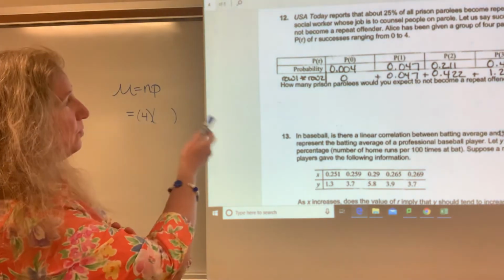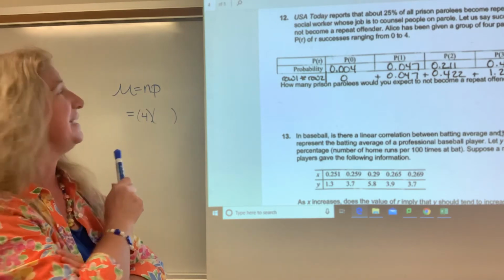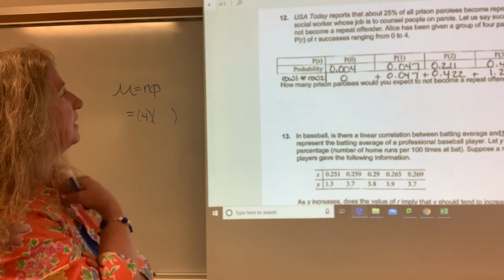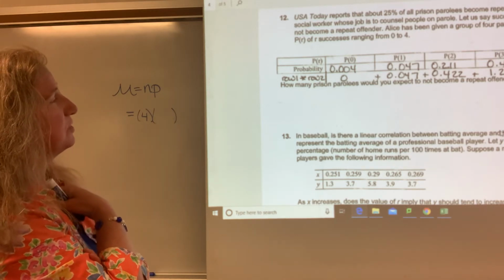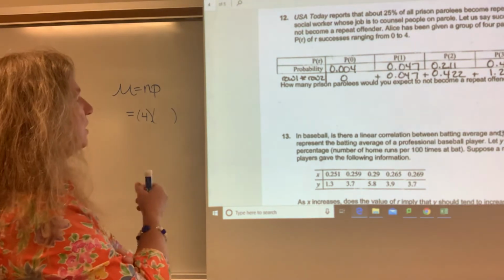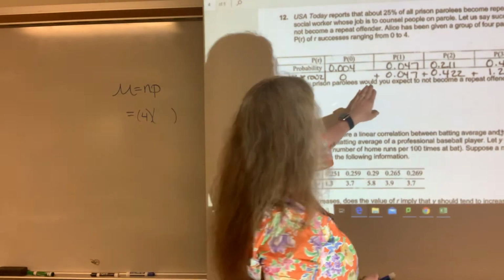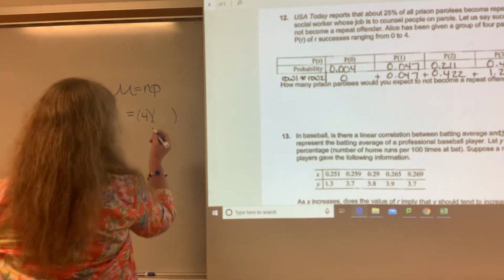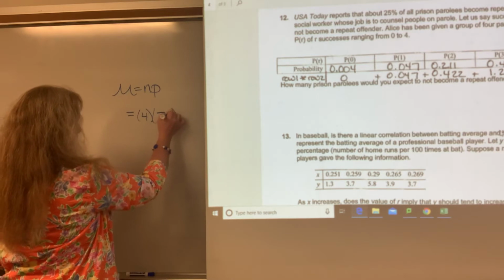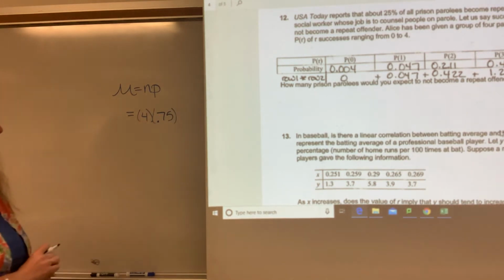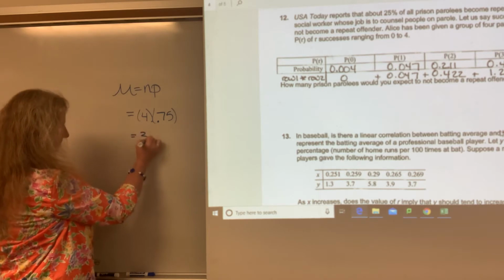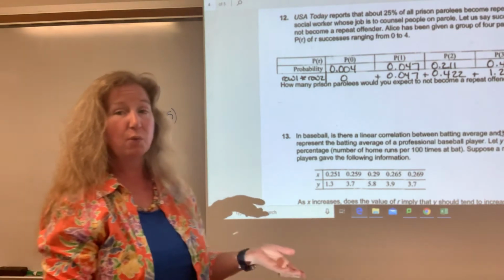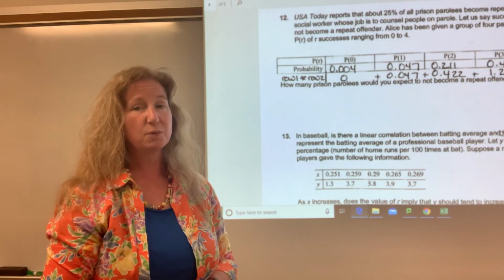They don't want to know how many became, they want to know how many did not. Alice has also been given a group of 4 parolees. Find the probability P of r successes, ranging from 0 to 4. So the question we really want is how many prison parolees we expect to not become repeat offenders. Well, that percentage is 75. So 4 times 0.75 happens to be 3. All right, so we would expect that 3 out of 4 would not be repeat offenders.